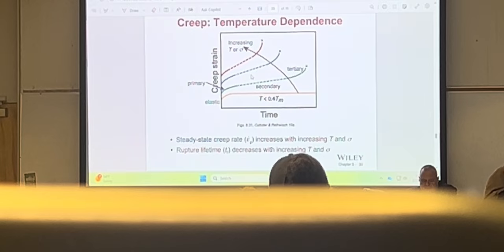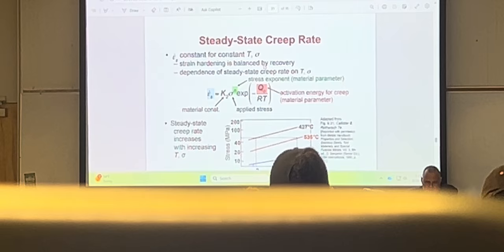You can see the steady state creep by this dashed line here. It increases with the temperature and with the stress. Both have similar effects: either increase the stress or increase the temperature.